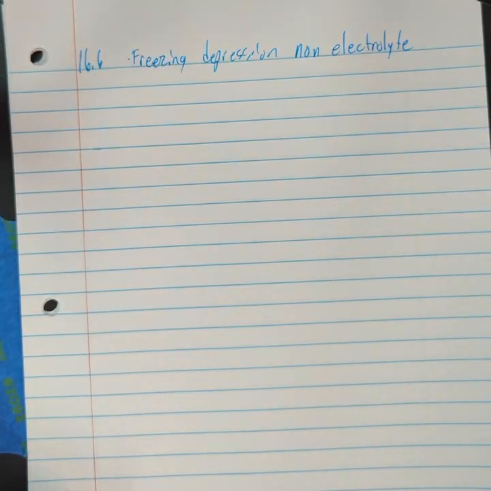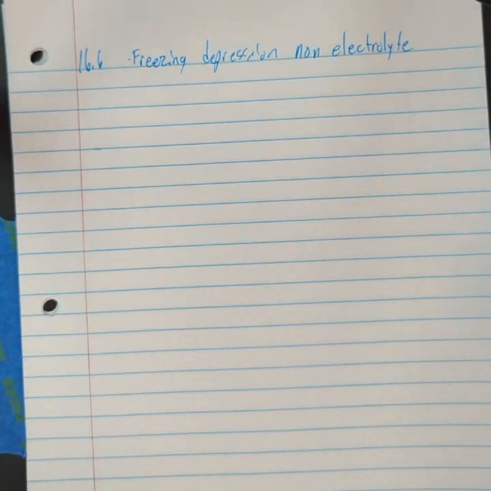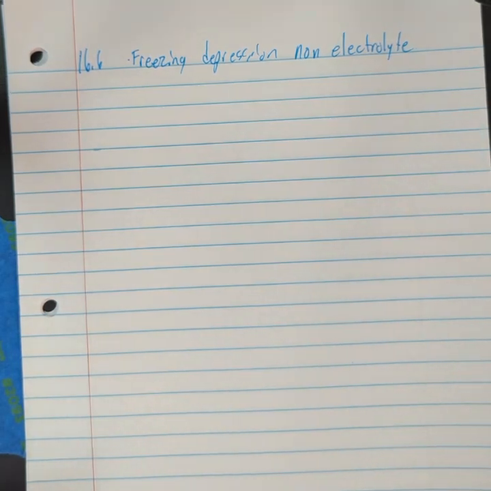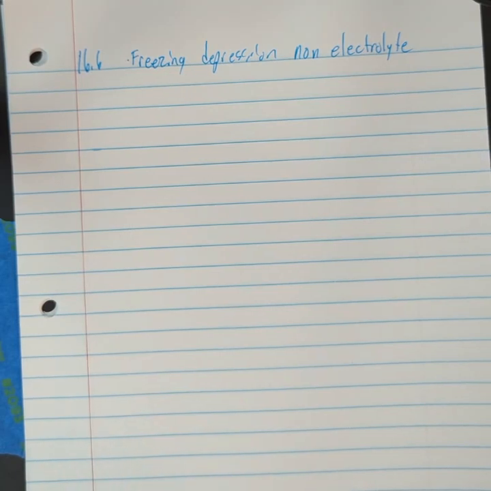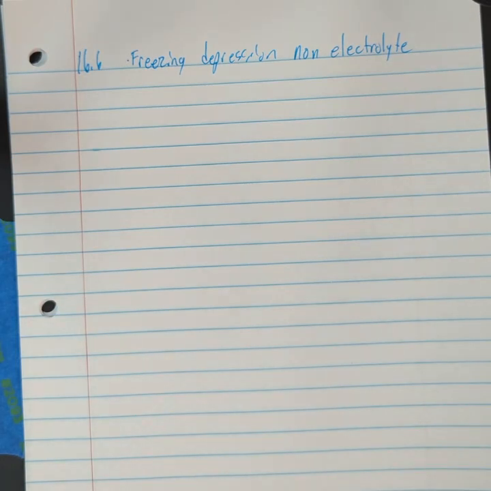All right. So let's say we want to find the freezing point depression of a non-electrolyte, something that does not form ions and conduct electricity when dissolved. So ethylene glycol is a molecular compound that is used in many commercial antifreezes. An aqueous solution of ethylene glycol is used in vehicle radiators to prevent the water in the radiator from freezing by lowering the freezing point.